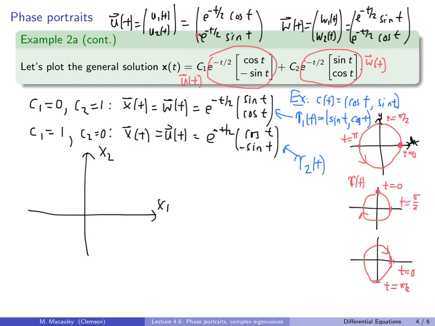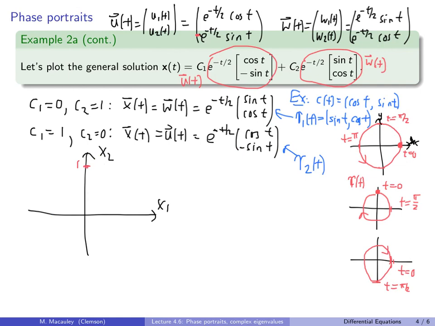Okay, so over here, now let's plot w and u. w is going to start at that same point. It's going to start at 0, 1, because w of 0 is 0, 1. Let me just draw this as 0, put a 1 there.